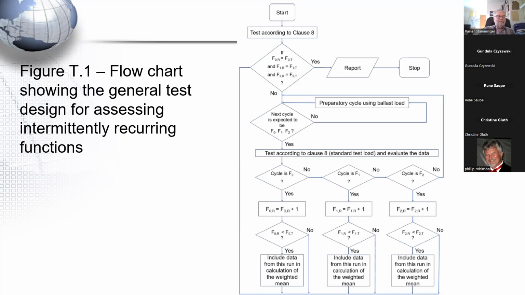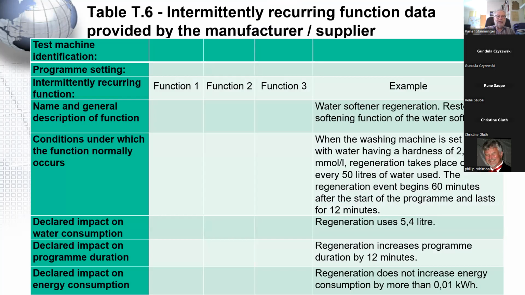We don't normally go and verify if the consumption is 100% correct, but we just look if the consumption is obviously correct. And this is what we are asking for also in the NXT, that the consumer is informed about the IRFs and what they are doing and how they are triggered.